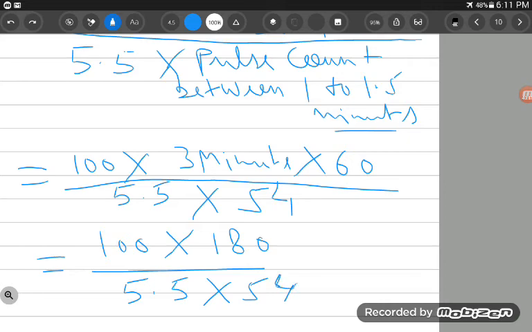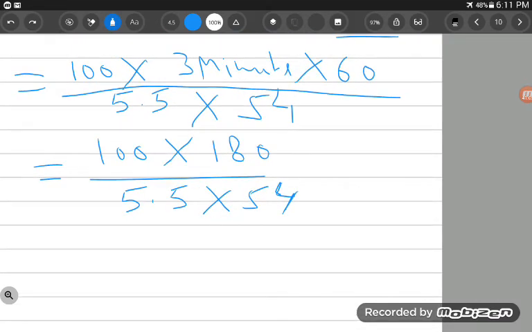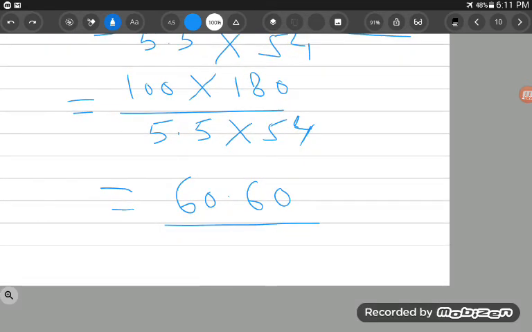Children, when you calculate it, you will get 60.60. That is the index.